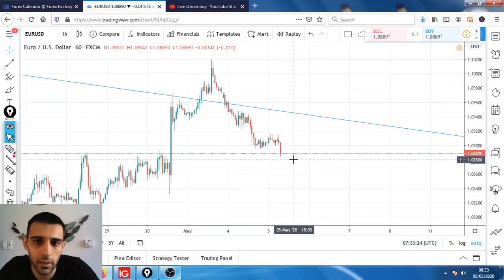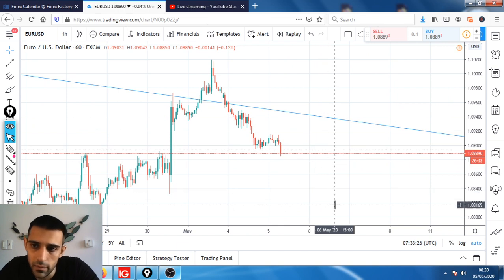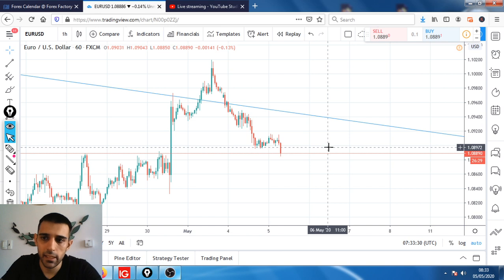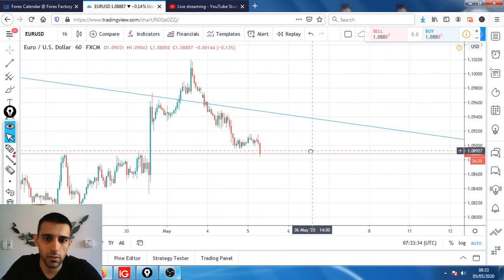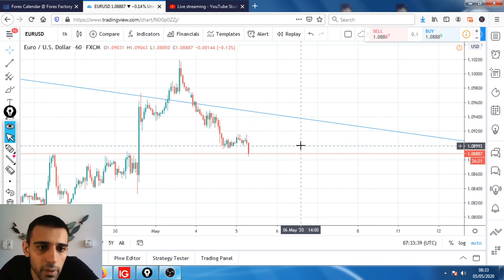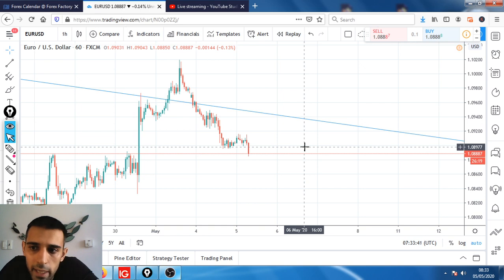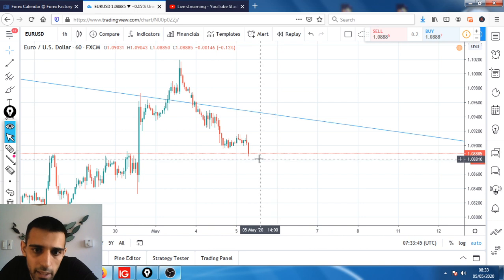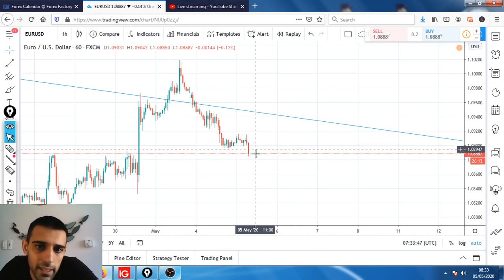Okay, nothing much on the left. So if the price closes at 0897, that will be too close, but we can give it a try. First, I do want to see a nice close on this one.